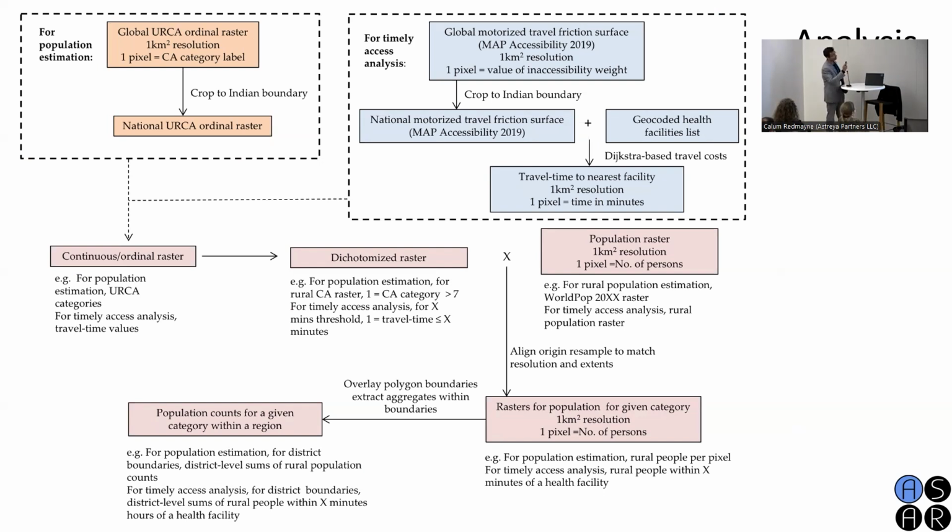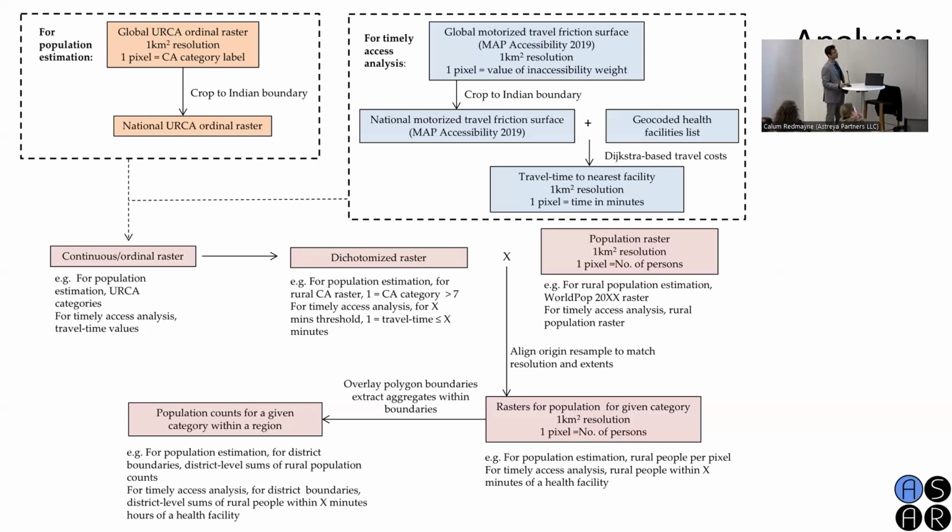The second component, the second box there, is to crop the timeliness rasters from MAP and pass the geocoded facilities that we have through them. So that box with the slightly bluish boxes gives us a network of how easy or difficult it is to reach a healthcare facility.